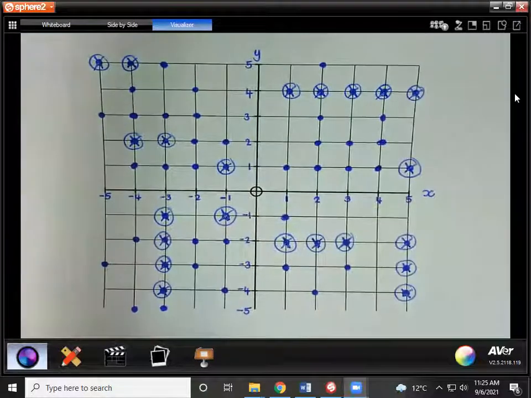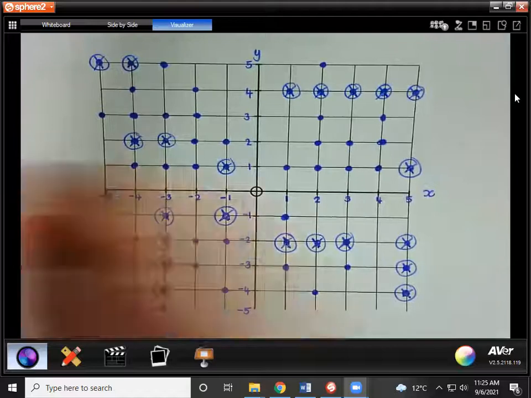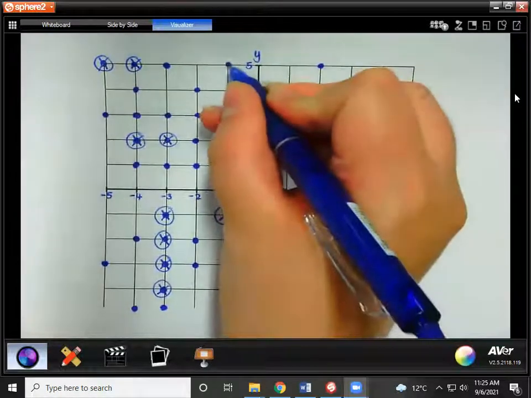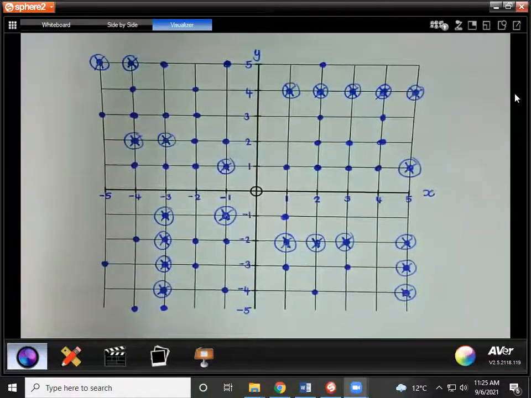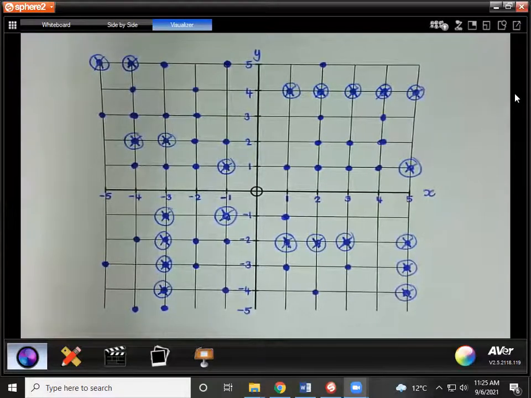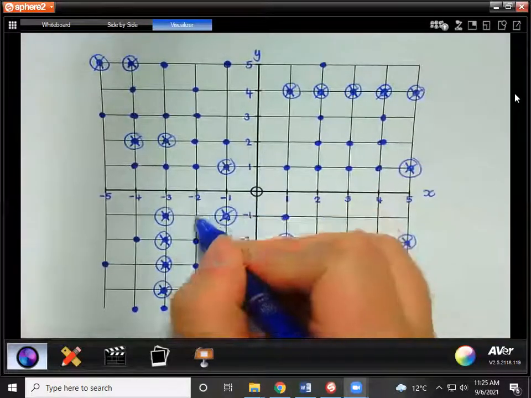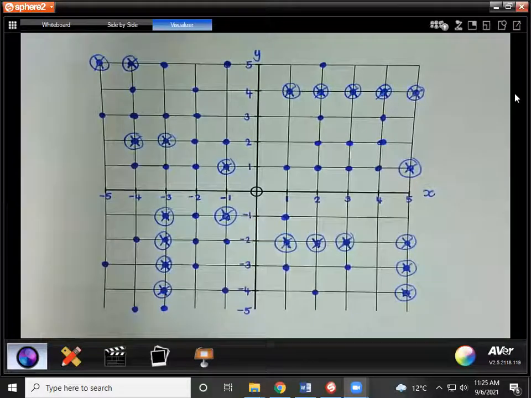Miss. -1, 5. Miss. -2, -1. That's also a miss.